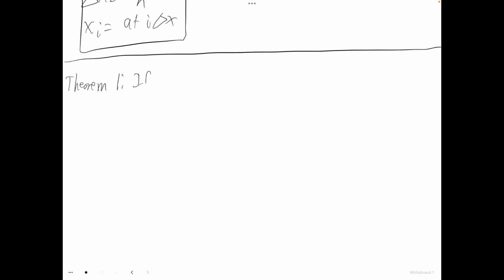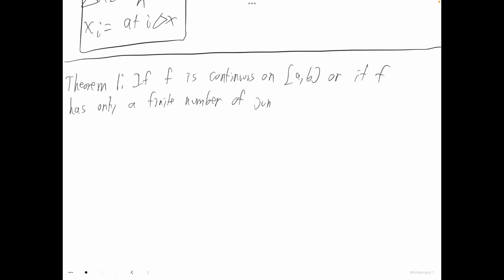It says if f is continuous on the closed interval a to b, or if f has only a finite number of jump discontinuities, then f is integrable on the interval a to b.